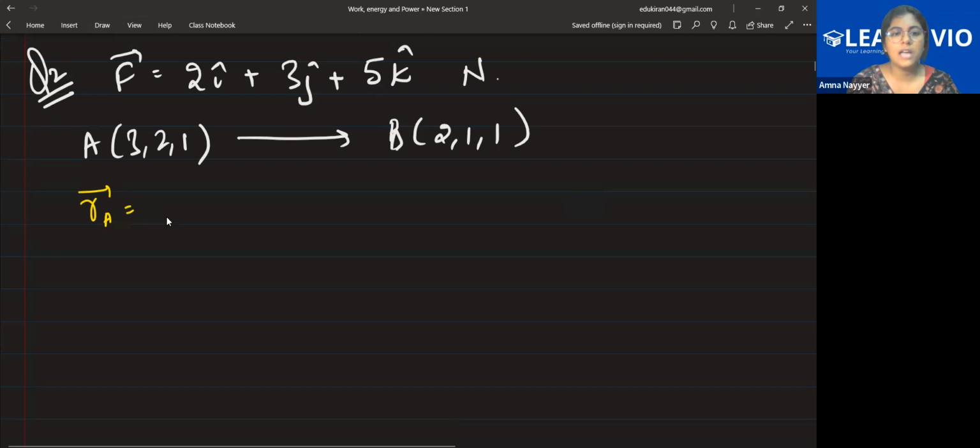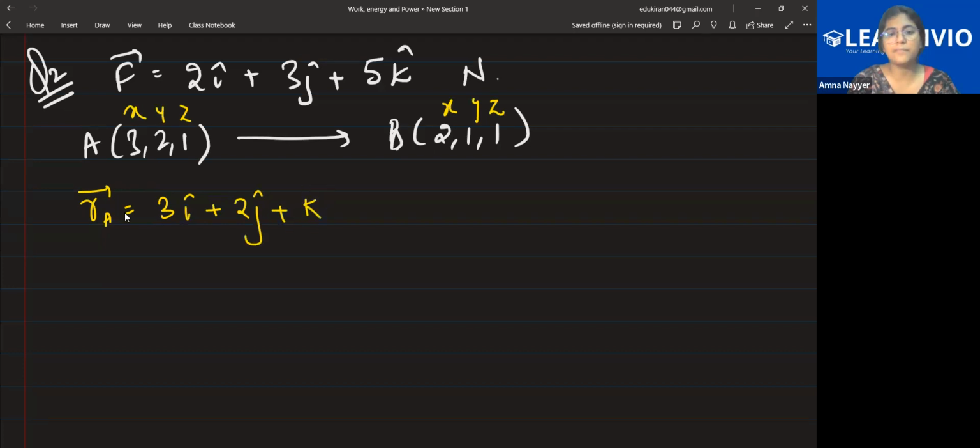RA can be written as, see, this is X, Y, Z, correct? This is also X, Y, Z. So this becomes 3I cap plus 2J cap plus K cap. And RB becomes 2I cap plus J cap plus K cap. Now you have to find out their displacement.